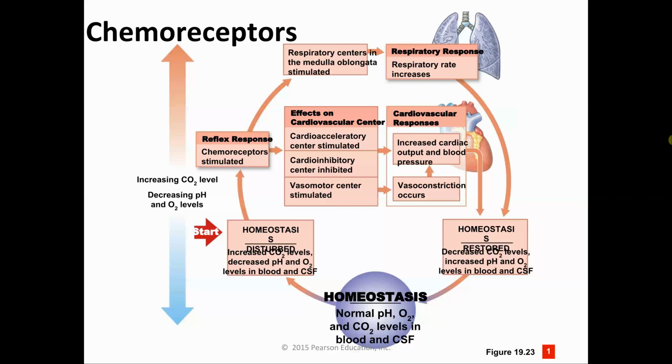And oftentimes these things all go hand in hand. They all happen in the same instances. Stimulates those chemoreceptors, and then stimulates the cardioacceleratory center and the vasomotor center. We want to increase cardiac output and blood pressure.